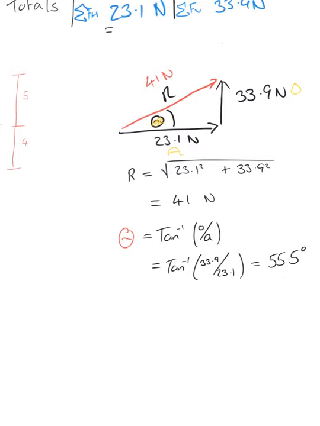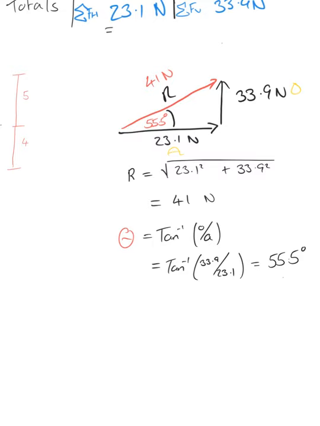There might be a small error in there due to rounding, but it's fine for the purpose of showing us what we're doing. So we can get rid of theta. And there we can say in reality, this shape is moving with a magnitude of 41 newtons at an angle of 55.5 degrees.